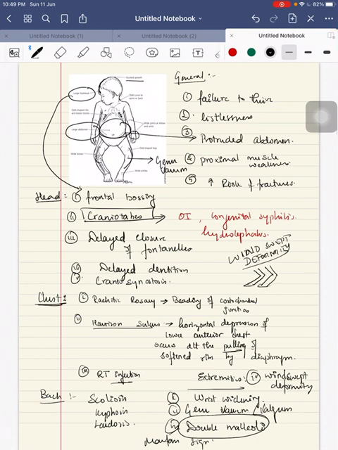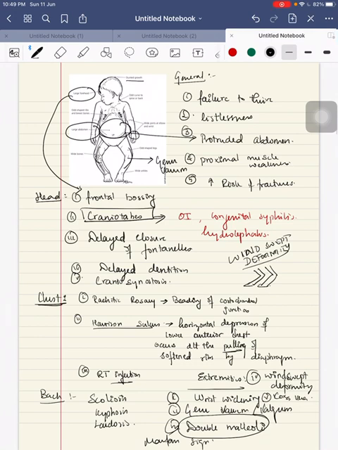So this is called as windswept deformity. Okay. The child can also have coxa vara. So these are the general clinical features of the child with rickets.